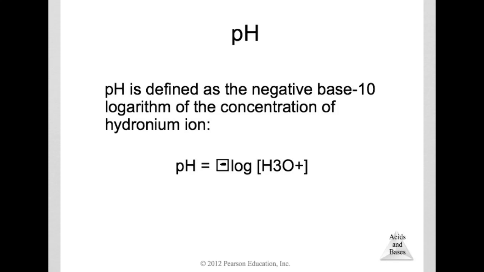And again, that's not what Sorensen actually said. He said it's the negative log of the activity, and that we deal with later. Again, concentration is close enough for our work right now.